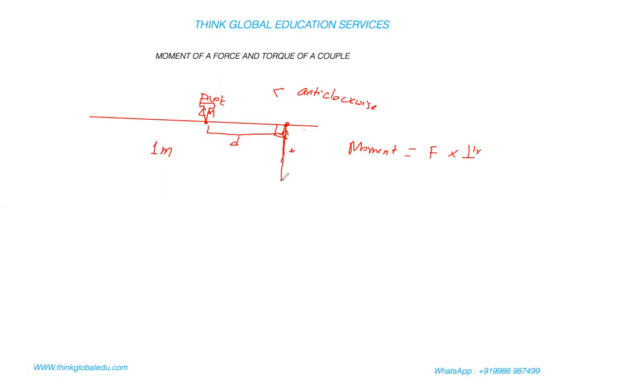Force is acting in this line, and this is the perpendicular distance from the line of action of force to the pivot. That distance is d. So moment is equal to force multiplied by the perpendicular distance from the line of action of force to the pivot.